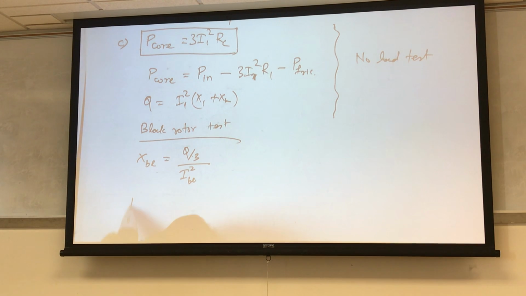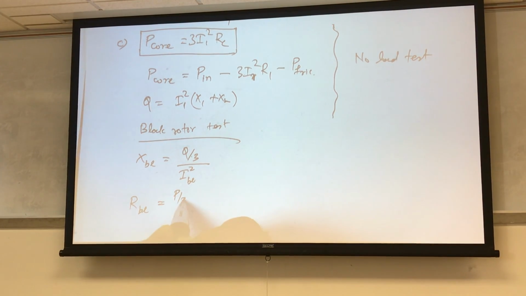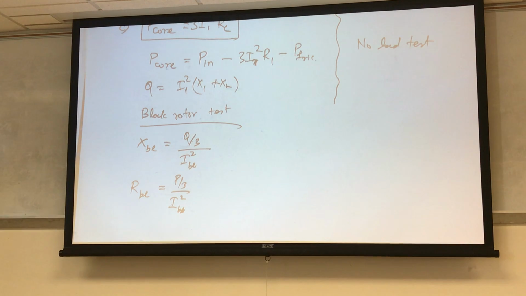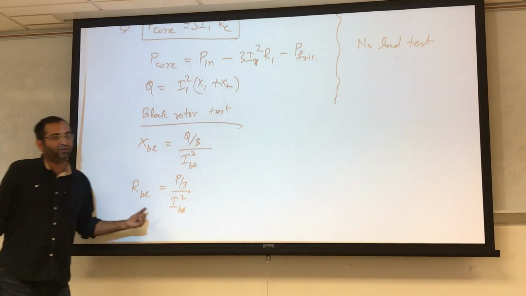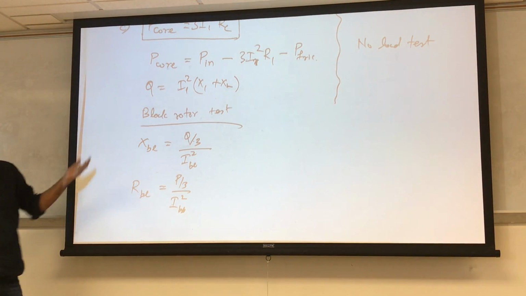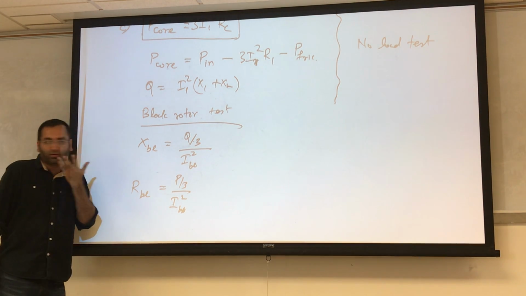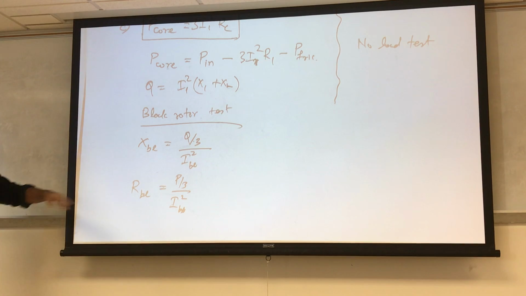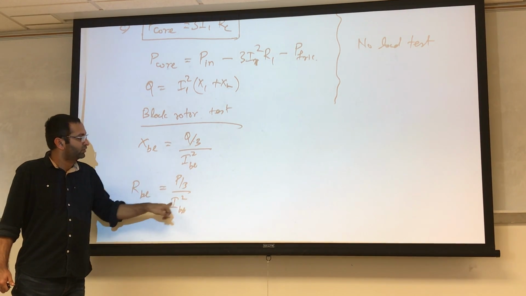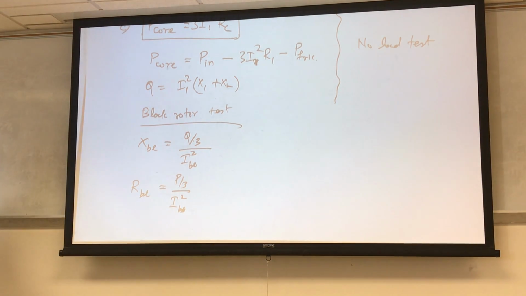Similarly, you can find the R as P over I square. All these formulas I have actually given in the question in the book, and it's also explained how to do it. So I just explained how you find the blocked rotor current and the Q and P. Is there any question till now?